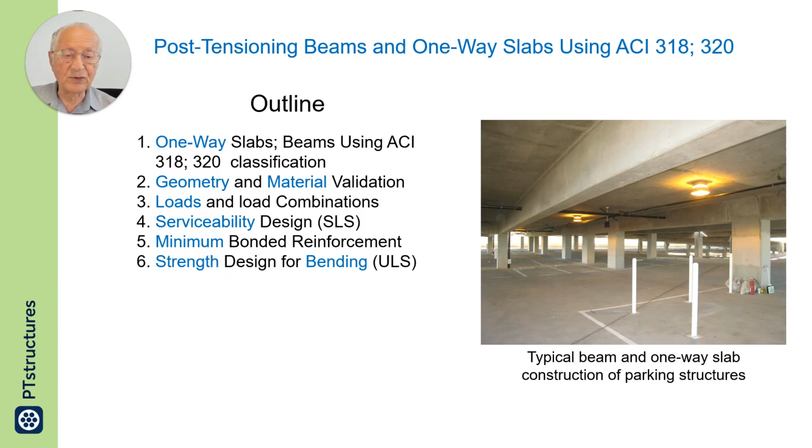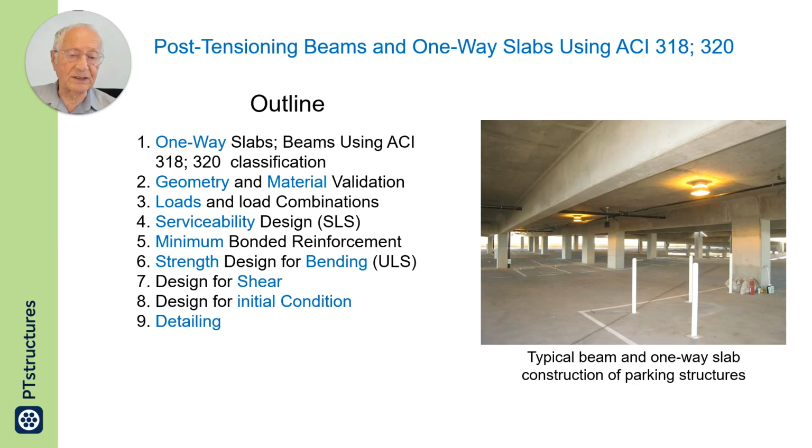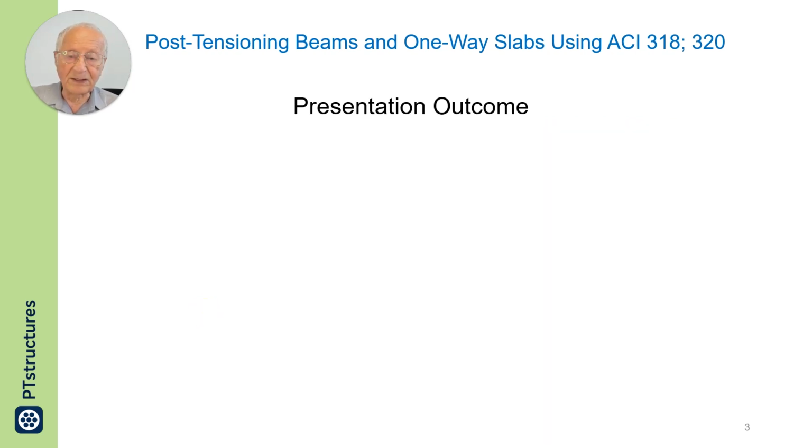After that, we do strength check for bending first, followed by strength check for shear. And when satisfied, we do the initial condition verification. That is when the beam is being stressed, and conclude the design by detailing.